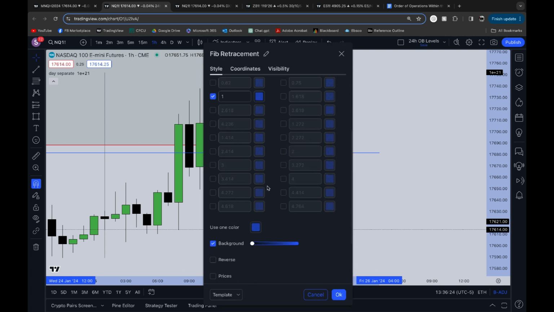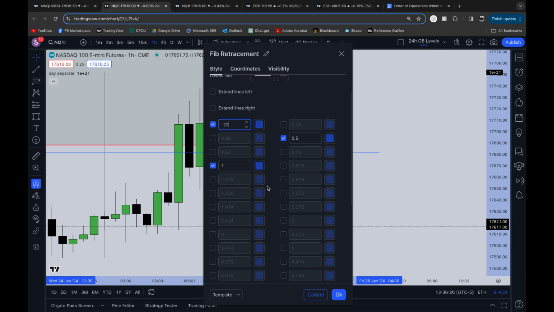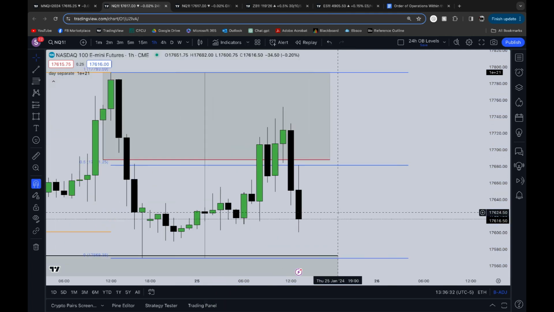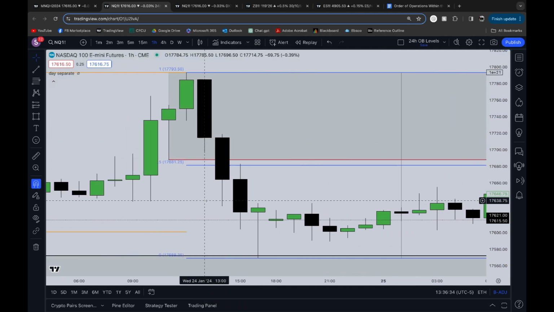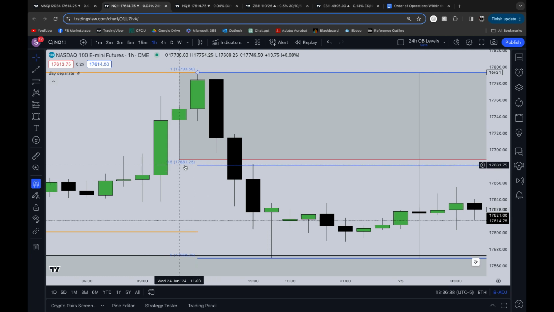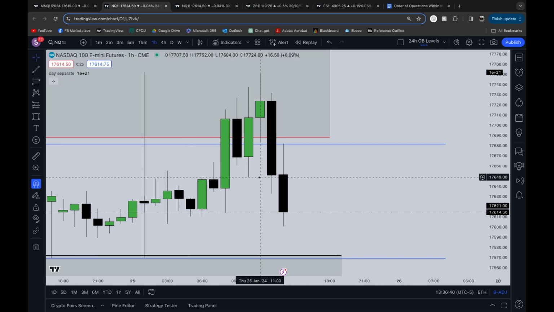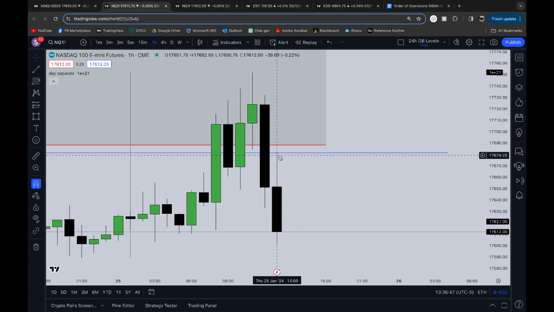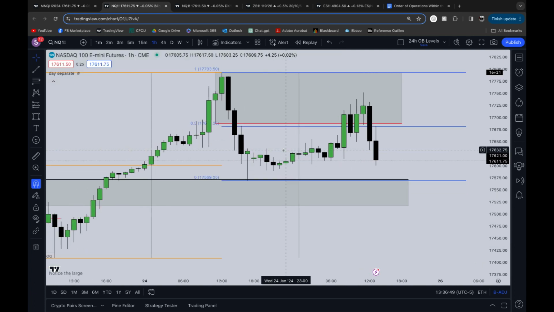I think I gotta scroll down. Prices, here we go. Equilibrium is 681.25. And if we look at the high of this candle, 682.